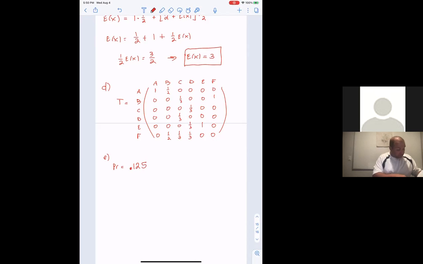So apparently this is not a regular matrix because I do get 0.125 and the book gets 0.125. So not being a regular matrix, we don't get the same in every column. So we get 0.125.